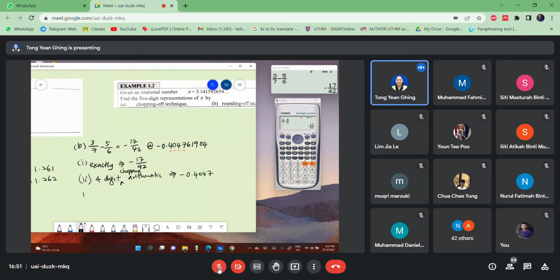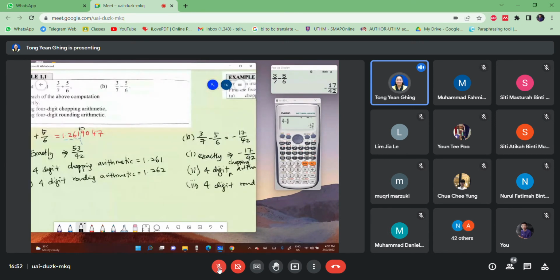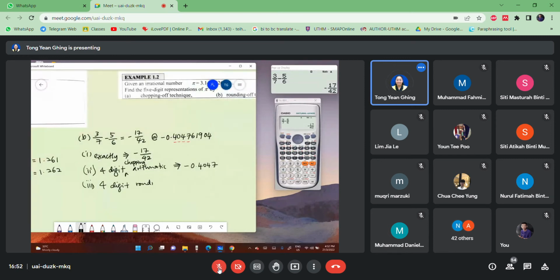0.4047. And then for the 4-digit rounding. Matic. So kita round because this one is more than 5, then we will round up negative 0.4048.